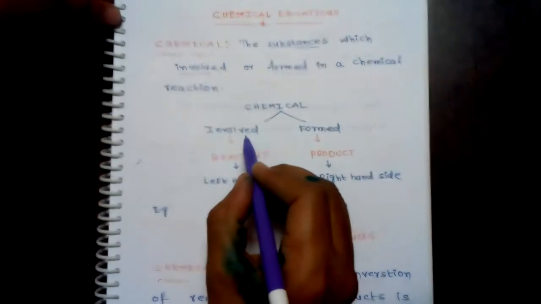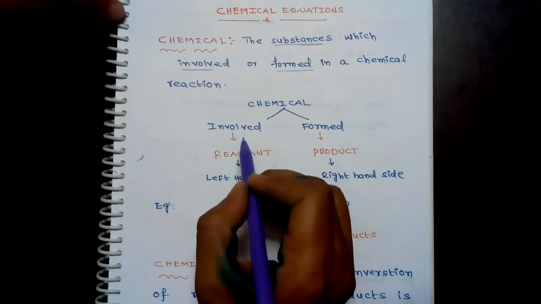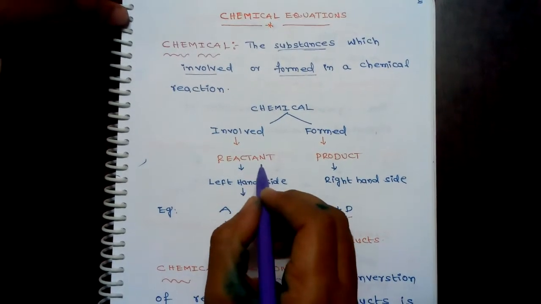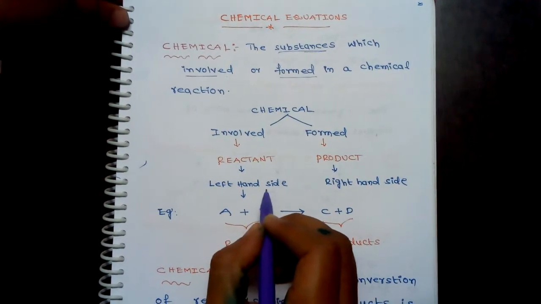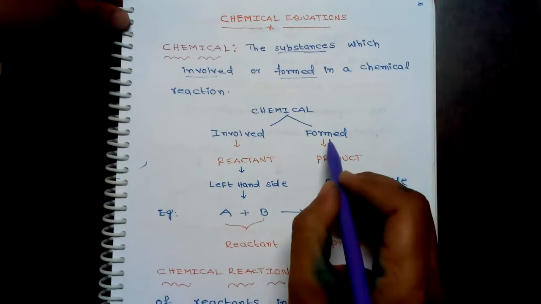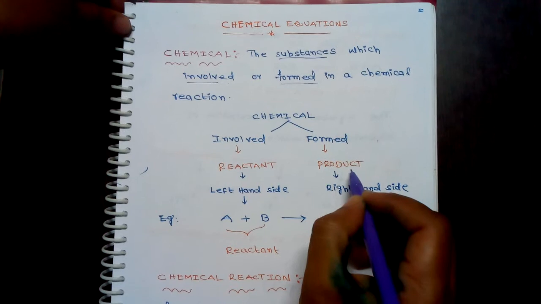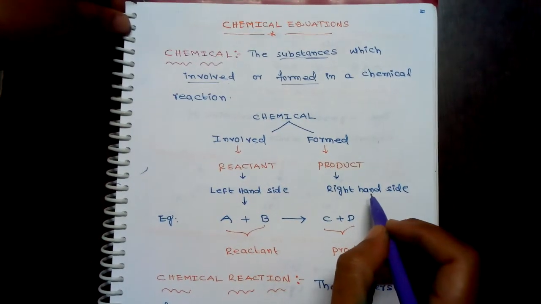The substances which are involved in a chemical reaction, or which are present at the start of a chemical reaction, are called reactants. The reactants are present at the left hand side in a chemical equation. The substances formed in a chemical reaction are called products. The products are present at the right hand side of the chemical reaction.